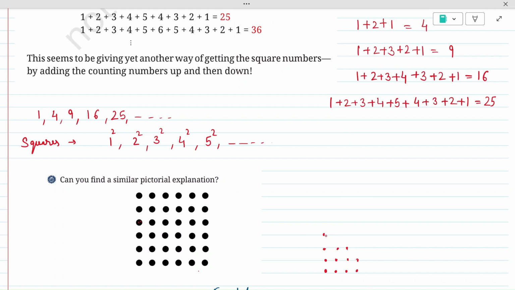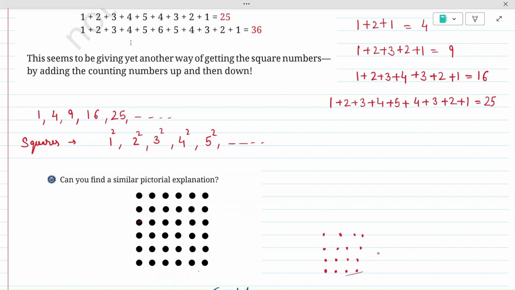Okay, so after 4 we have to add 3. This is 4, this is 3, then we have to add 2 now. So we will add 2 and then 1. So this is 1 plus 2 plus 3 plus 4 plus 3 plus 2 plus 1. So this is a square of 16.